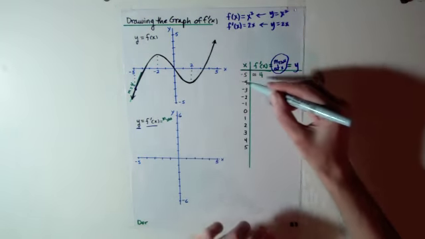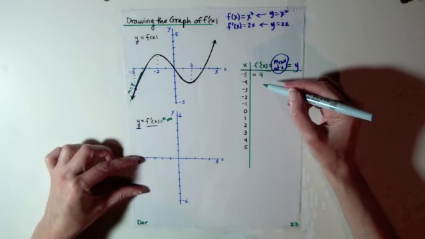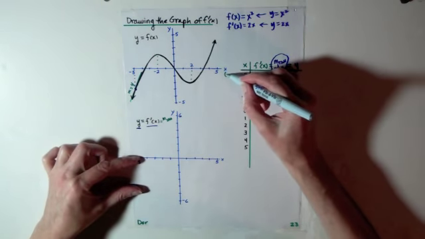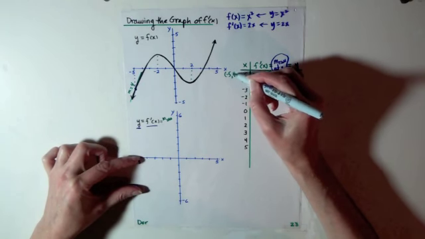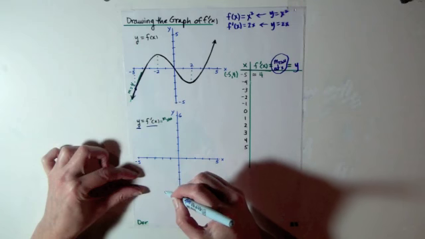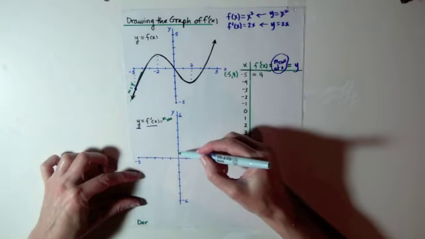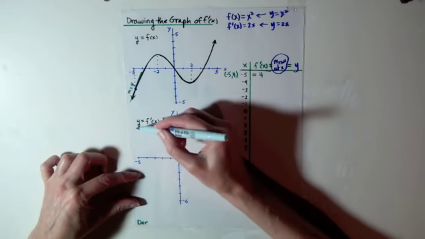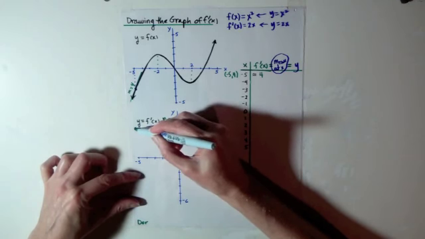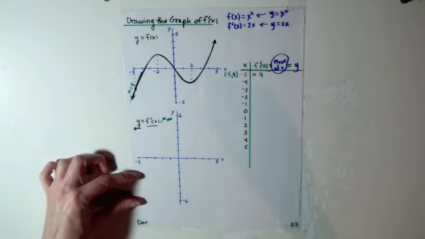So that's a point that I could actually graph down here. In other words, I'm going to be graphing the point (-5, 4). That becomes a point down here. (-5, 4) would be, let's see, 1, 2, 3, 4, a point right about here. That's one point on the graph of my derivative function.